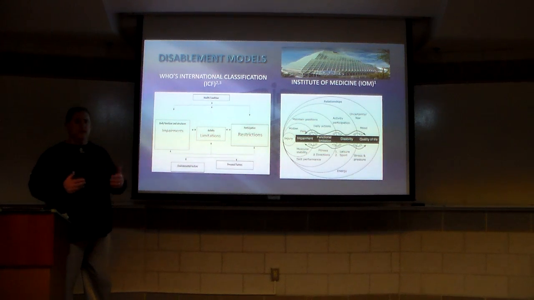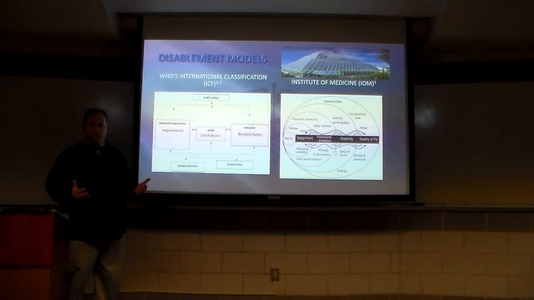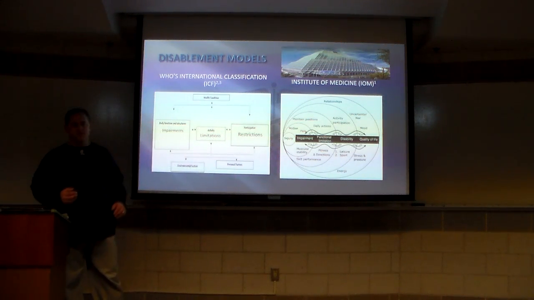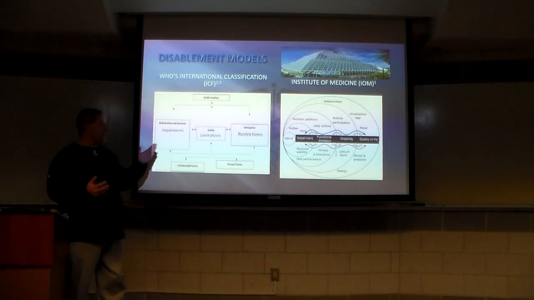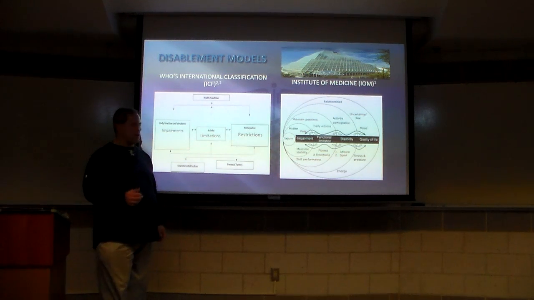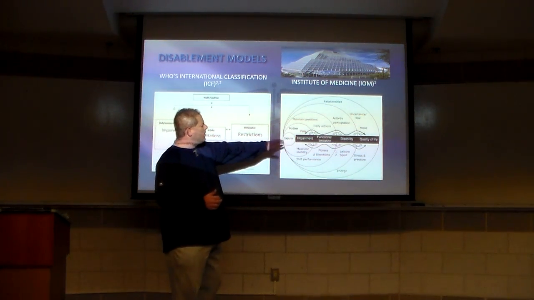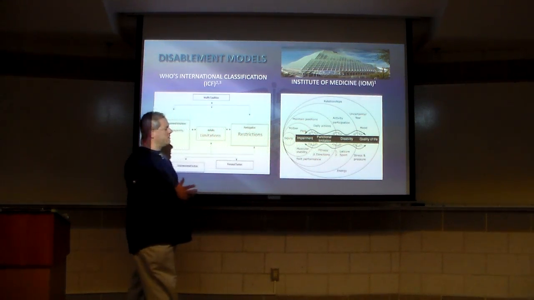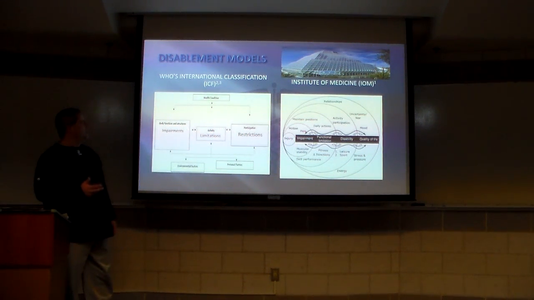In the middle of the pyramid are our PROs. But how are PROs created? They're created through these disablement models, so it's really important that we understand that so we know the value of the disablement models. And on the IOM, pay attention to impairment, functional limitation, disability, and quality of life. I want to see that in the next slide a little bit.